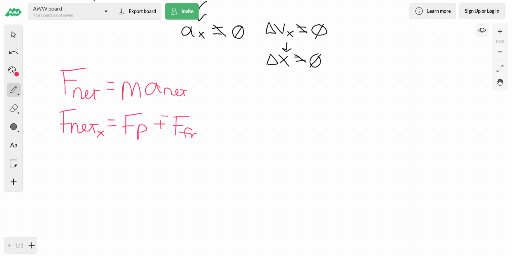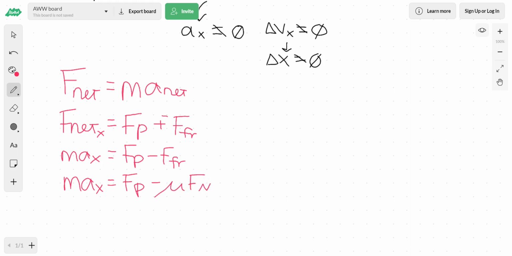So F net x is mass times acceleration in the x direction. So mass times acceleration in the x direction is going to be equal to your pull force minus your force of friction. From what we know, force of friction is coefficient times force normal, so we can substitute that in. All right, and then as already discussed, the F net in the y direction for this is 0, so that means that the normal force and the force of gravity are equal to each other.